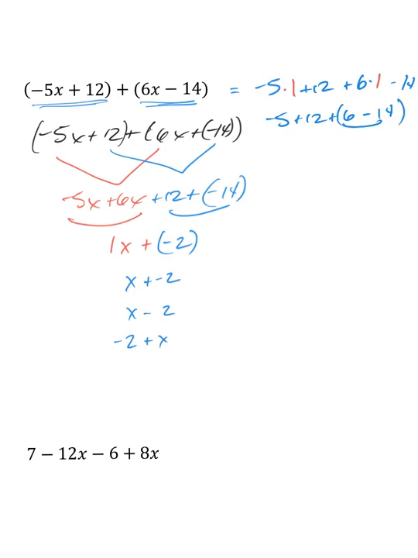Because these were in the parentheses, 6 minus 14 is negative 8, and negative 5 plus 12 is 7. 7 plus negative 8 equals negative 1.